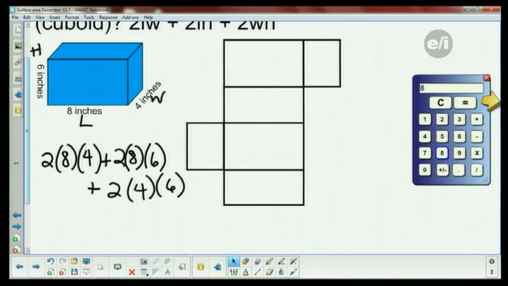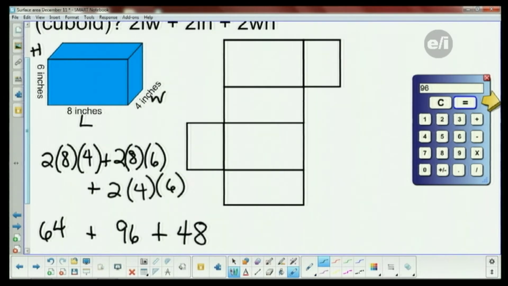2 times 8 times 4 is equal to 64, plus 2 times 8 times 6, which is equal to 96. And then plus 2 times 4 is 8, 8 times 6 is 48.